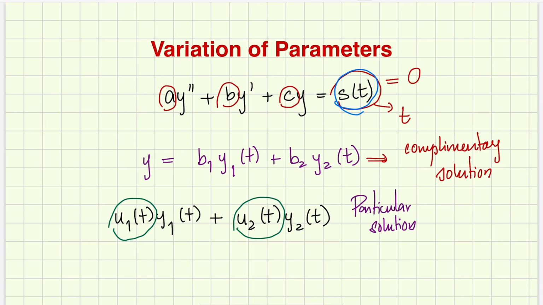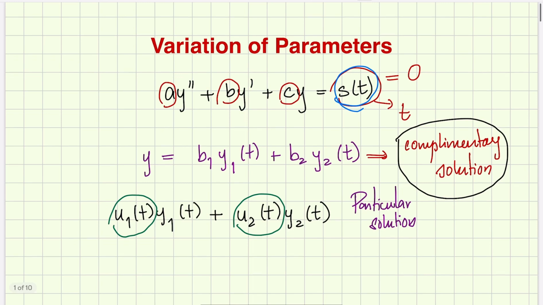To find these two functions, we have two formulas. And before we can use those formulas, we have to have solved the corresponding homogeneous equation. What I mean is, before you go on to find a particular solution, you should have solved for the complementary solution. Assuming you have solved that, I will give you the formulas.